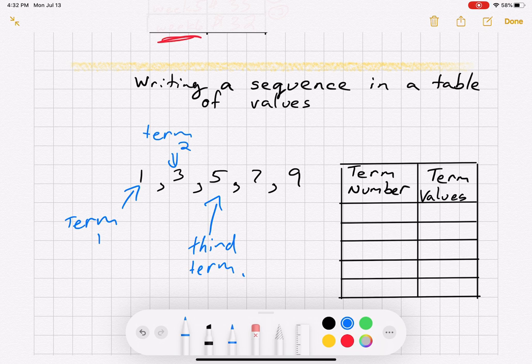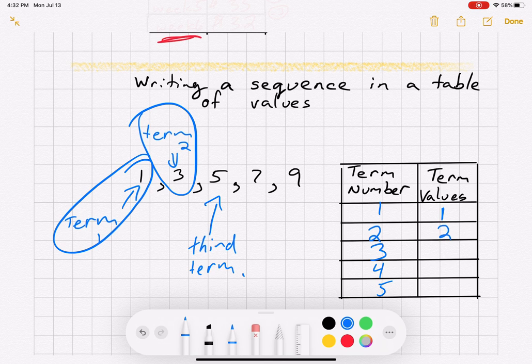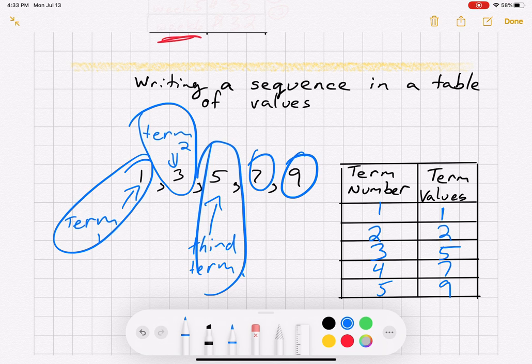And so on and so on, right? So term number 1, term number 2, term number 3, 4, and 5. So if I'm looking at the first term, that is 1, it'll go there. The second term, the third term, the fourth term, and then the last, the fifth term.